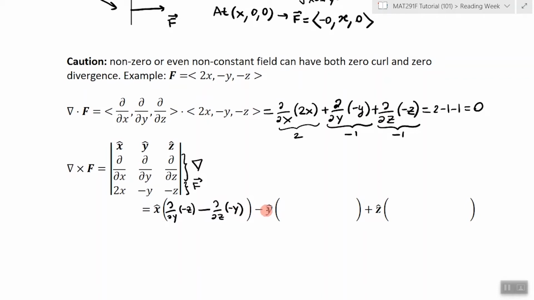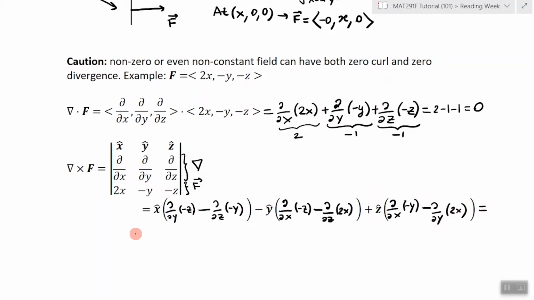Then we get minus y hat, and then determinant of this matrix, we get partial x of -z minus partial z of 2x, and then we have plus z hat times the determinant of this matrix, so it's partial x of -y minus partial y of 2x.